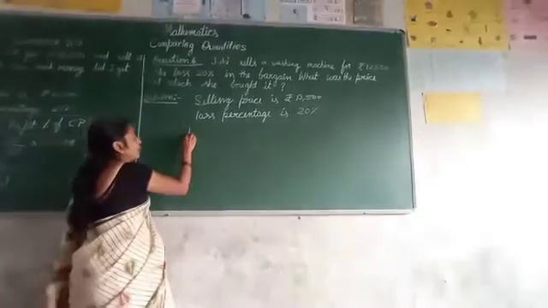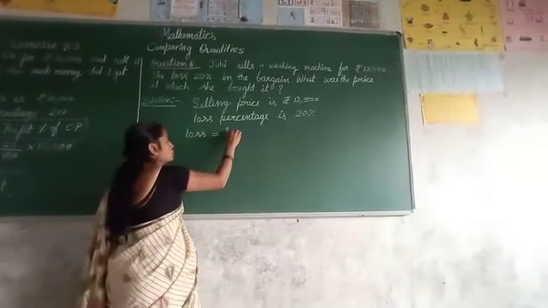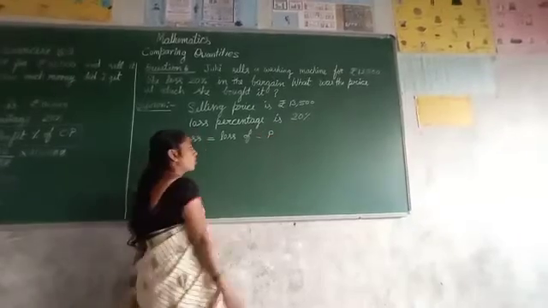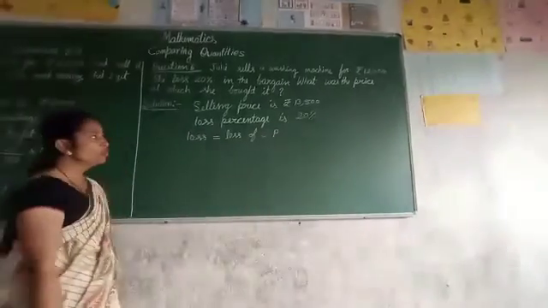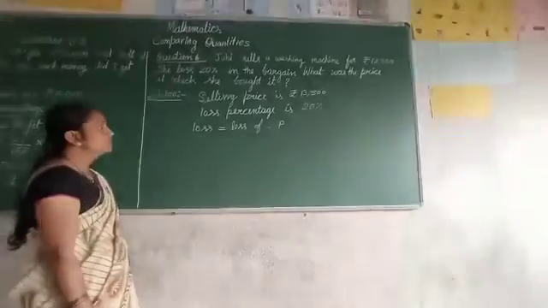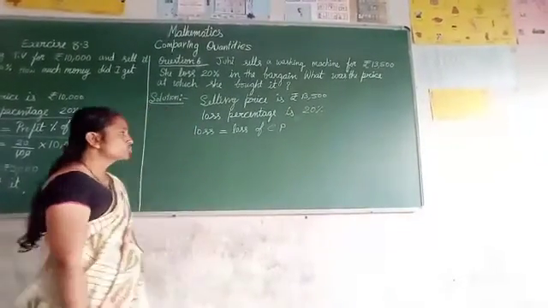So we have to find out loss is equal to loss percentage of cost price. But we don't know the cost price here. We have got that loss is equal to loss percentage of cost price.